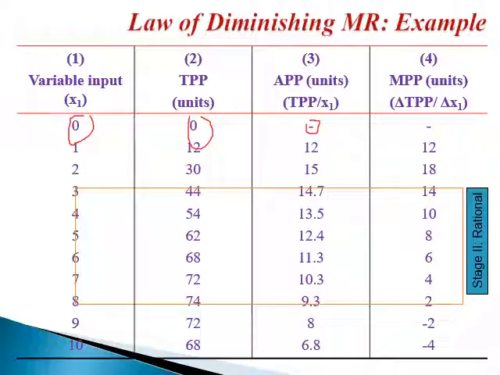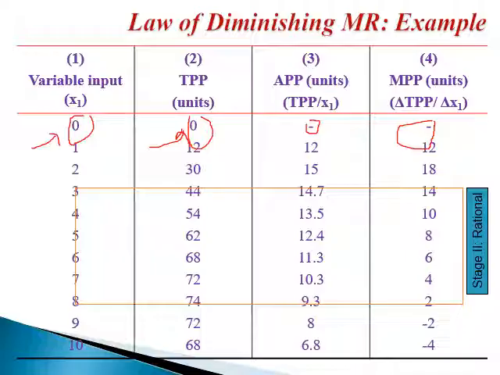And the same thing applies to the marginal physical product, because in order for me to know a value right here, instead of this hyphen, I have to know what was before the 0. What was before output level equal to 0? What was before input level of 0? What was before that? And the answer is there is nothing, because remember, in economics we do not have negative variables.